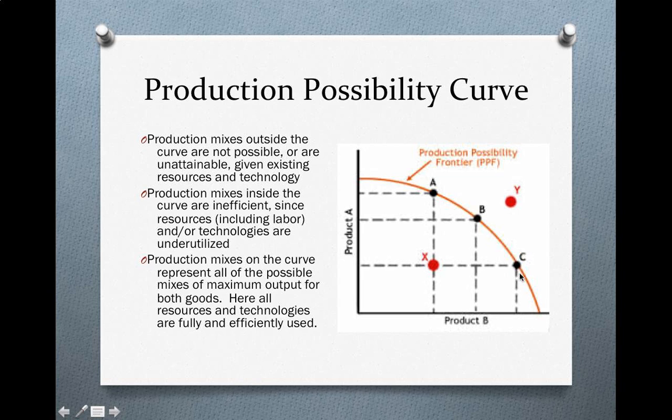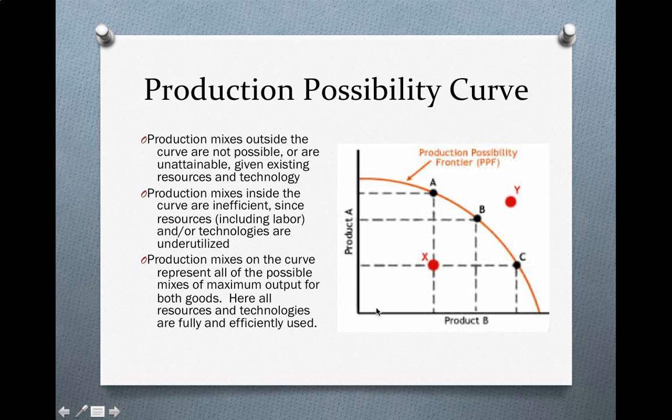Even though I don't have points here, we could make points starting here and at every single place on this particular curve. Even though it's not there, these are the possibilities. Anywhere, starting with making all B and no A, making all A and no B, and then any combination in between. And what we're going to be looking at is that in order to produce more of B, we have to give up some of A. We cannot make them both.